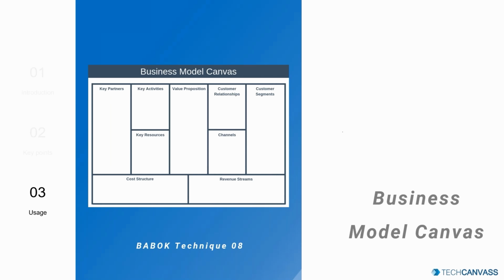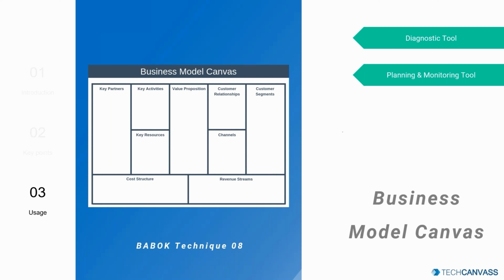Business model canvas can be used as a diagnostic and planning tool with respect to strategy and initiative. As a diagnostic tool, various elements of the canvas are used as a lens into the current state of the business. This helps in understanding the resources and the energy being invested.